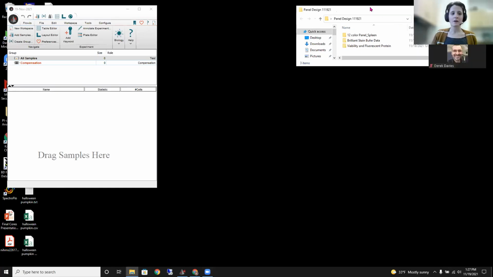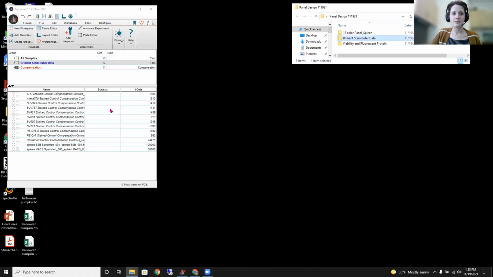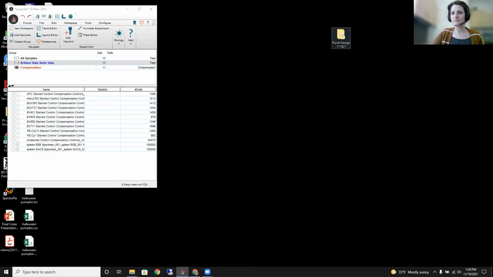All right. So as Derek mentioned, the use of a Brilliant Stain Buffer is really going to be critical when you're designing a panel that has more than one of those polymer dyes, right? I have a data set here that I'm going to thank Anna Longini for, who's at Memorial Sloan Kettering Cancer Center, and I'm going to bring that data set into FlowJo. Okay, I'll minimize this folder.